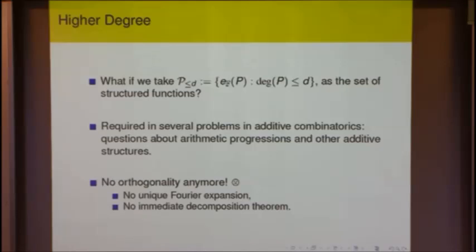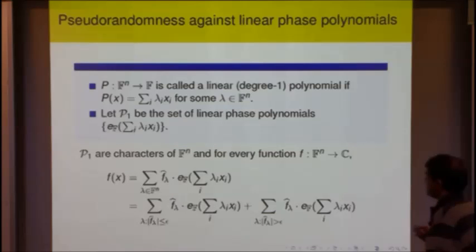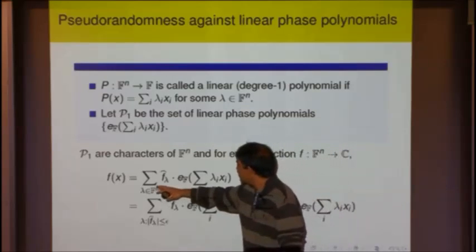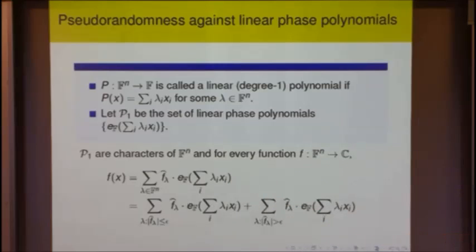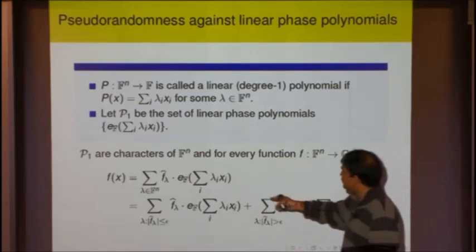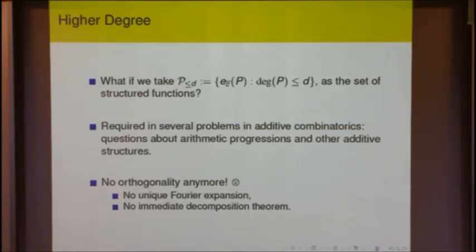But the main thing to notice is that we can try to do the same type of thing, decomposing a given function as a sum of exponentials of polynomials of degree at most d instead of linear polynomials. But the issue that arises is that we don't have orthogonality. So you don't have a unique Fourier expansion as we did in this case, and so you don't immediately get any decomposition theory. Okay.